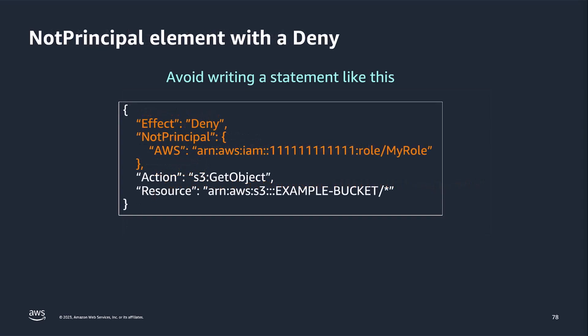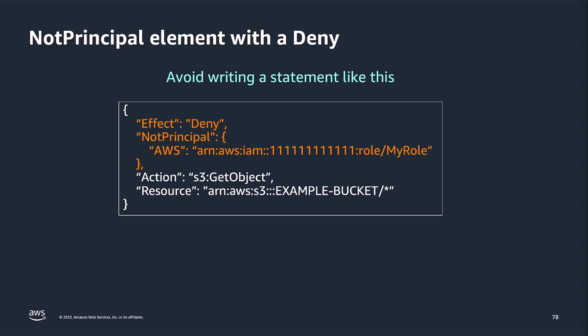Like the action and resource element, there's also an inverted element for the principal element, the NotPrincipal element. The difference with the NotPrincipal element is that there's not really a great use case for it today. I would generally recommend avoiding the NotPrincipal element altogether. The policy statement that you see here seems to make sense. I want to deny every principal except for my role. That's the only principal that should have access to this bucket.